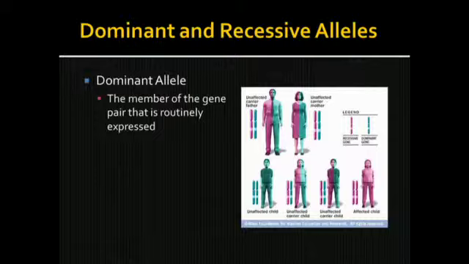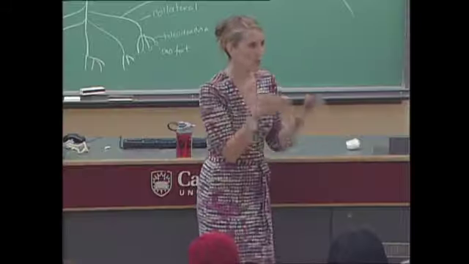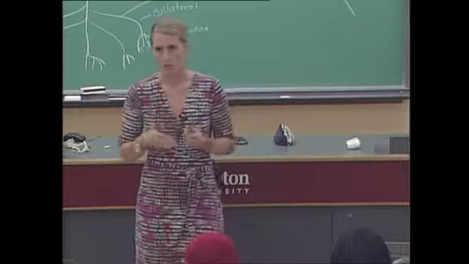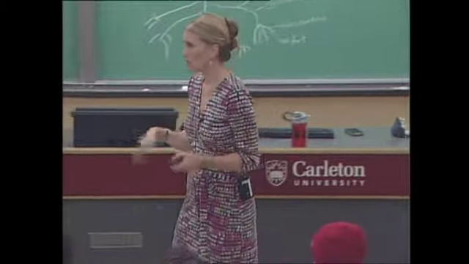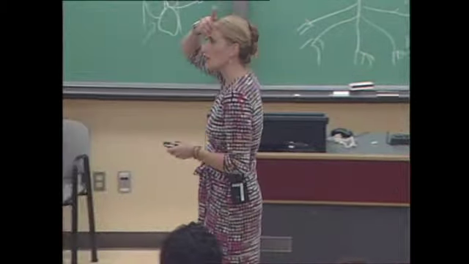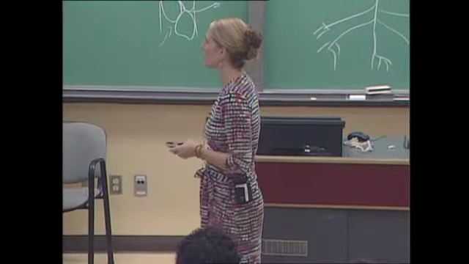So little b, big B, if the big B codes for brown hair and the little b codes for blonde hair, if you end up with brown hair, then we can assume that the brown is the dominant gene. Okay, again, this is all routine information from biology grade 11.